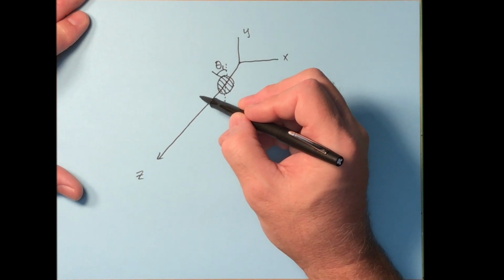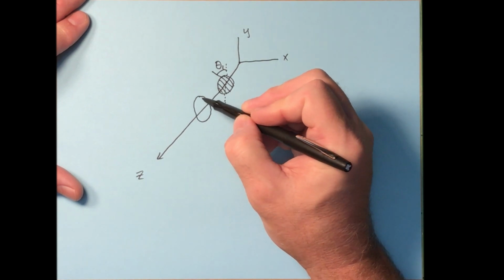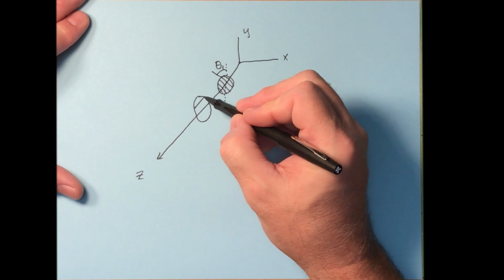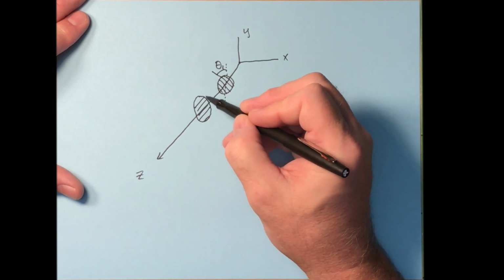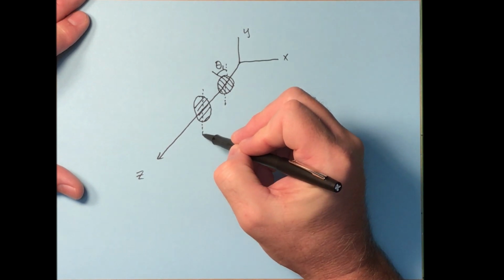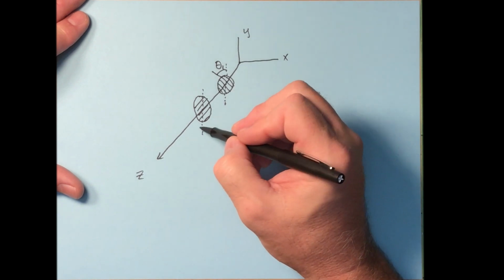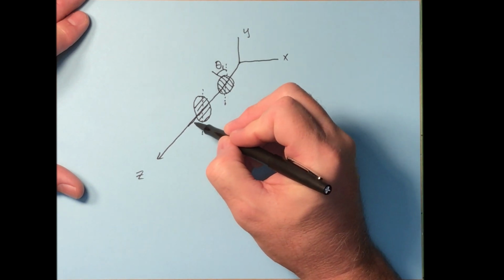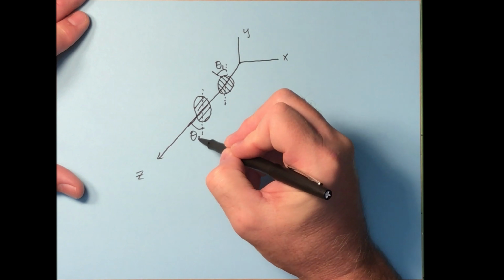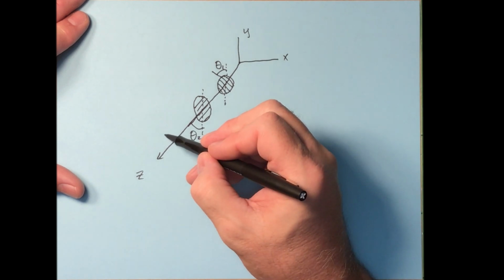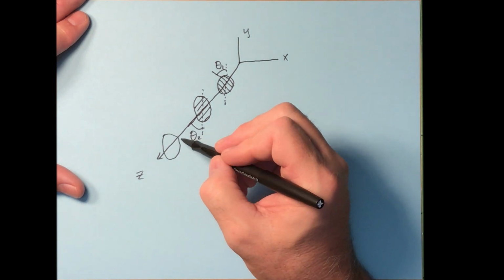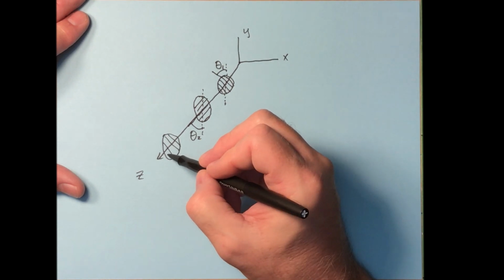And then let's put another filter out here, like that. And let's say that this one has an angle as well, relative to the y-axis. And this angle here, from there to there, is going to be theta 2. And now let's put a third one down here, and let's turn it back this way.